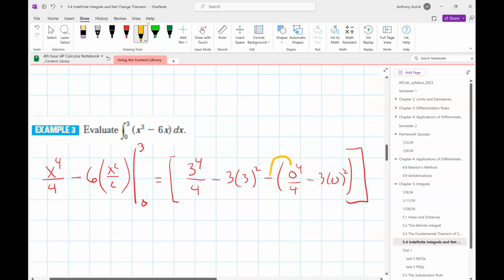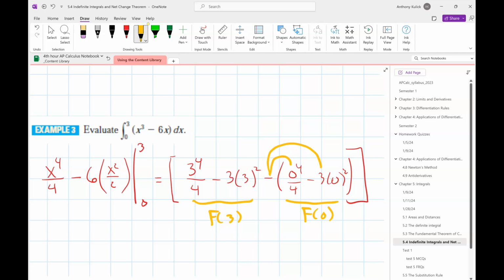Now, the number one place where students make mistakes when doing this by hand is they forget to distribute, because this whole thing is my cap F of 3, and this whole thing is my cap F of 0. So that negative sign needs to distribute. Now, you're not going to be punished on this one if you miss that, because F of 0 is just 0.